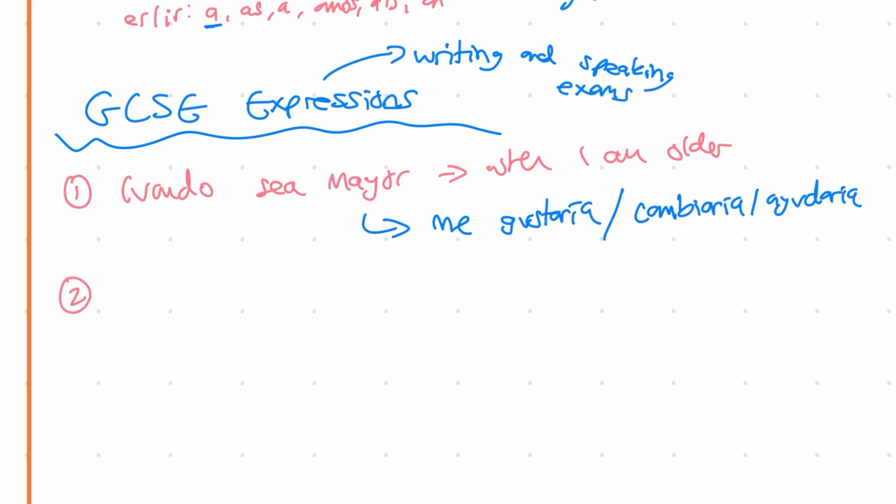Another example, let's do cuando tenga. So on a similar vein, talking about age and when you're older in the future. So cuando tenga, I could say 30 años. Cuando tenga 30 años, when I have or when I am 30 years old.